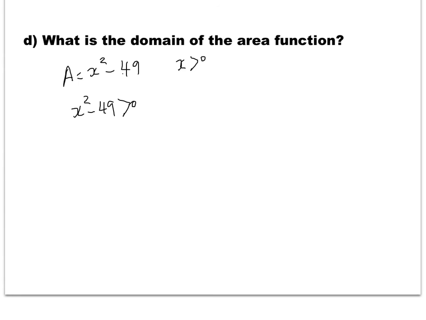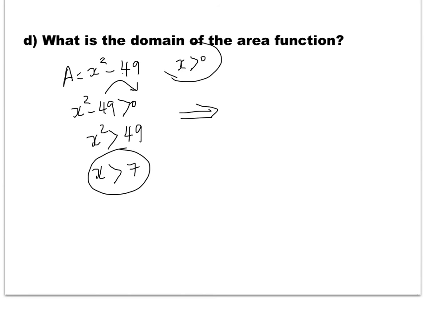Now to solve this one, if I move this one to the right, I get x squared has to be greater than 49. If I take the square root, I get x has to be greater than 7. So x has to be greater than 0 and x has to be greater than 7, so the result is x has to be greater than 7. So the domain is x in R and x greater than 7.